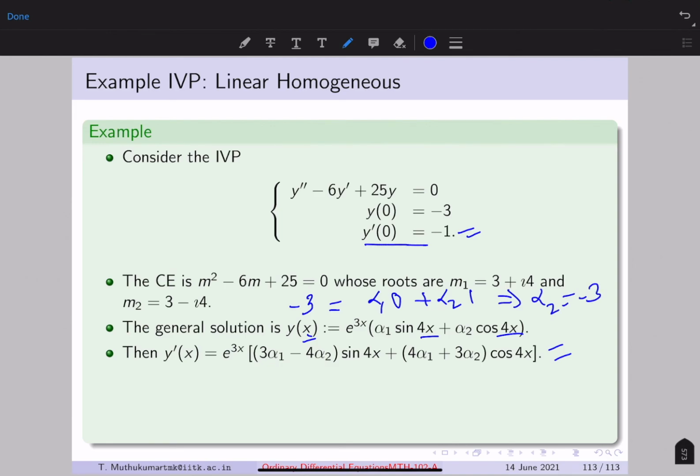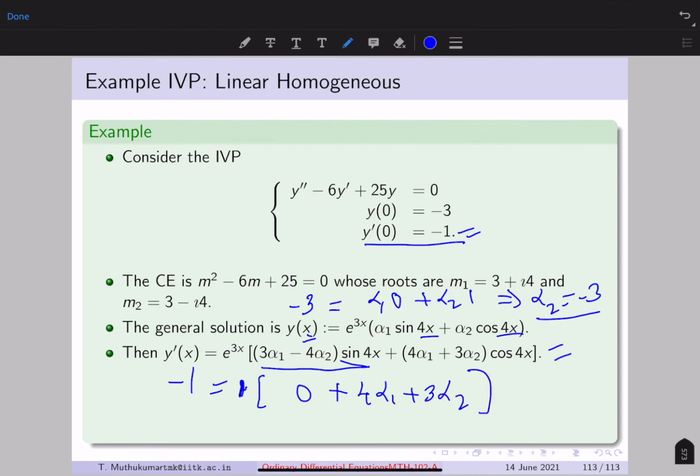Similarly, use this information, x equal to 0 and y prime equal to minus 1. So you get minus 1 equals e power 0, which is 1, times sine 4x, which is 0, so this entire thing is 0, plus cos 0 is 1. So you get 4 alpha 1 plus 3 alpha 2.